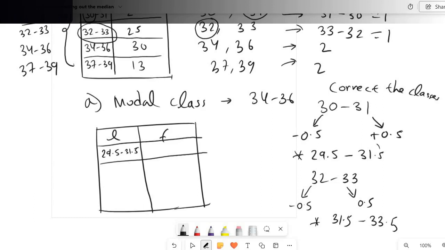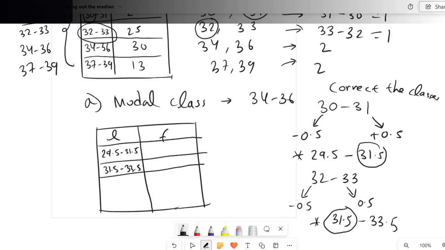Now if you notice, the highest boundary of the previous class is now exactly the same as the lowest boundary of the next class. So this is what we call correcting or connecting the classes. So this will be 31.5 to 33.5.